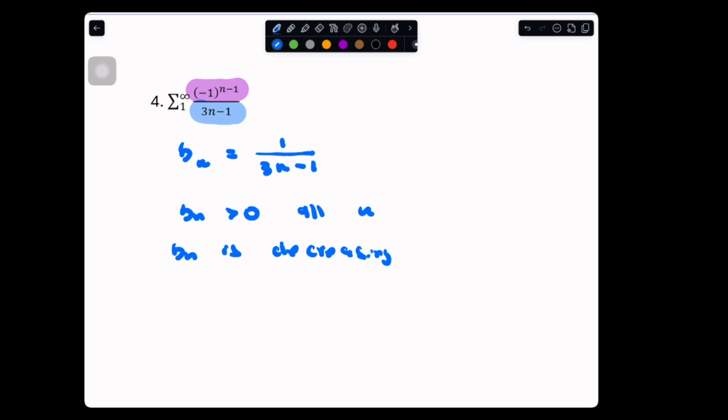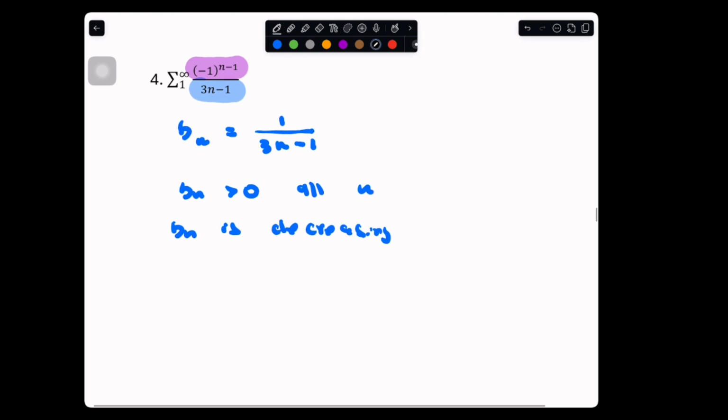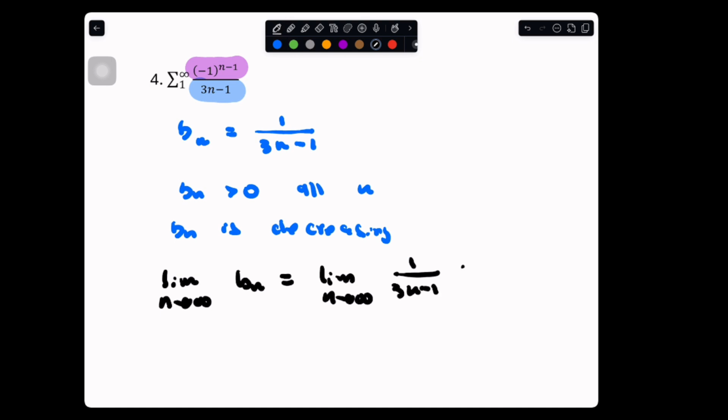We could look at the graph. But we won't. Limit as n goes to infinity of Bn, which is 1 over 3n minus 1. What does this go to? Can that go to 0? Okay, what do we say?